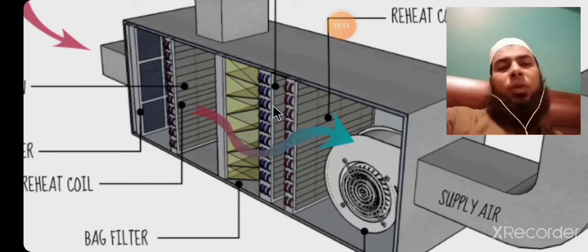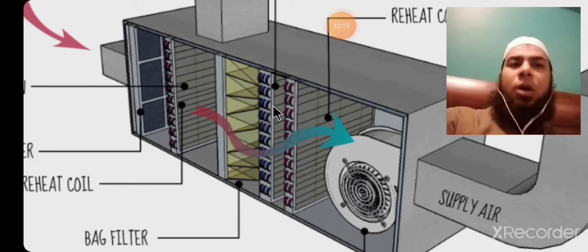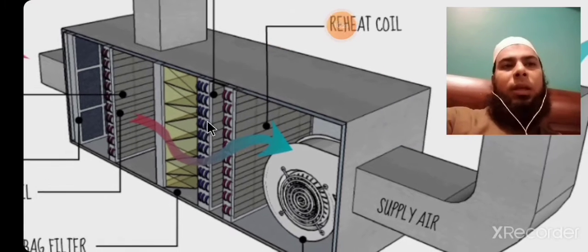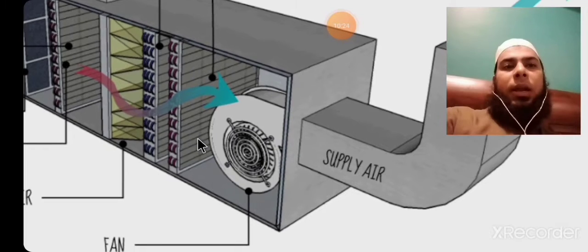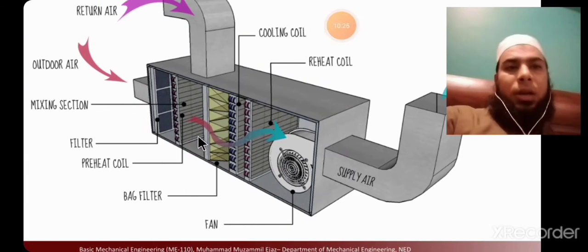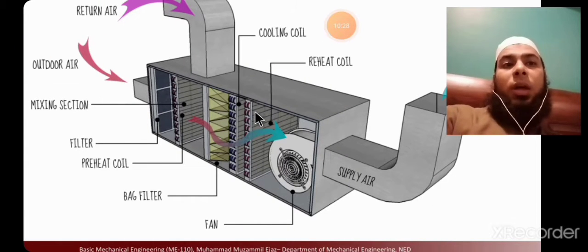In the cooling coil, the air is cooled directly by refrigerant or by chilled water. Both possibilities can be used in an air handling unit. Then it goes to the reheat coil.